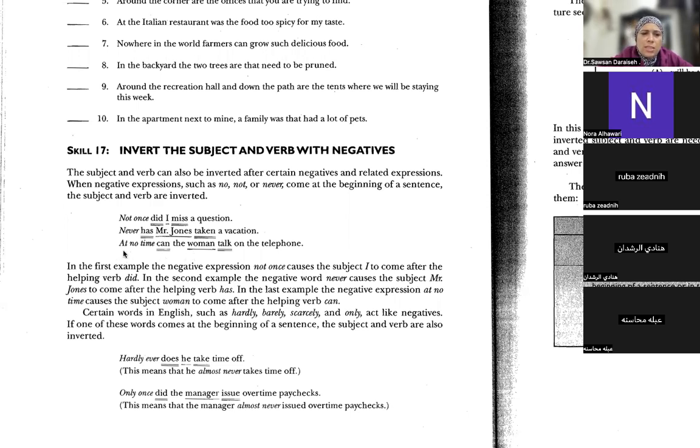So imagine this sentence. At no time, ولا بأي وقت, can the woman, تستطيع الامرأة, talk on the phone, تحكي بالتليفون. هذا شكله, كمان sentences that work with our older generation.